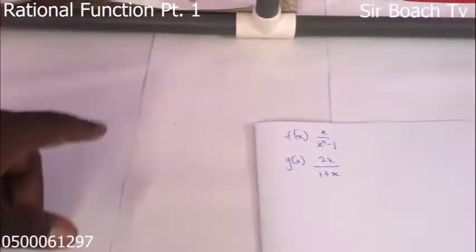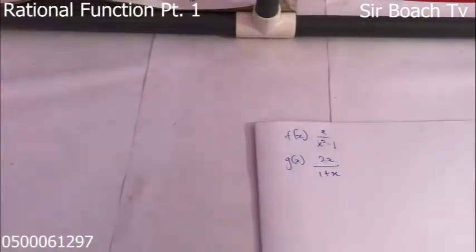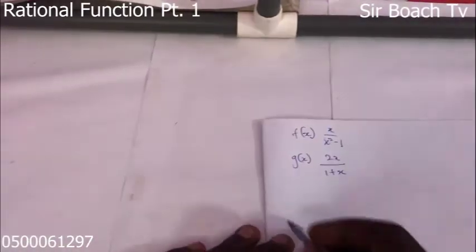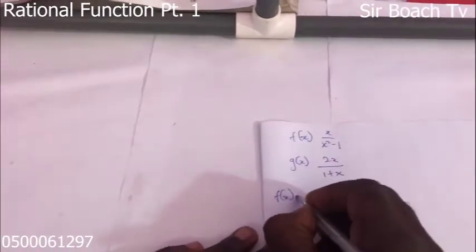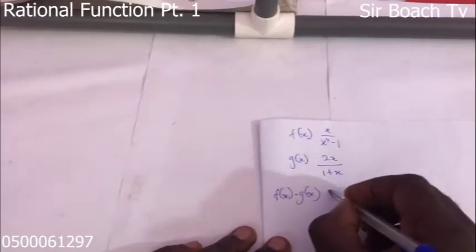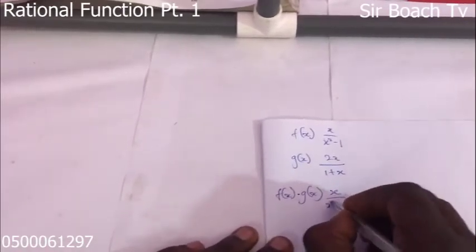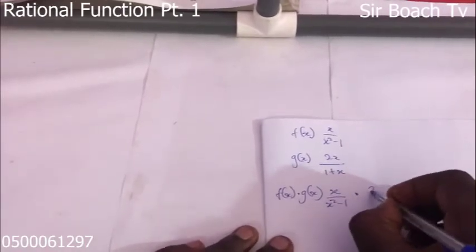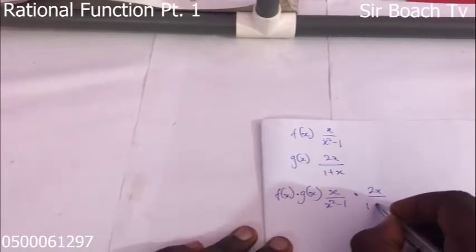So we are given f of x and g of x, and we are told to multiply f of x and g of x. So we are going to get f of x dot g of x. That will be x over x squared minus 1 dot 2x over 1 plus x.